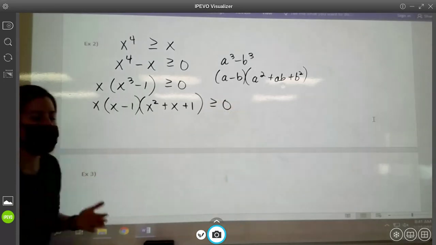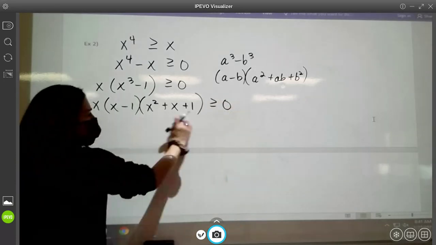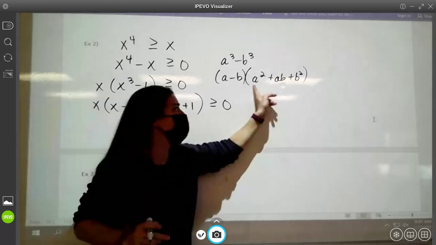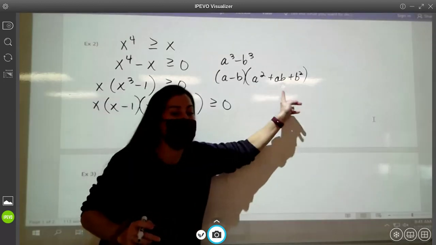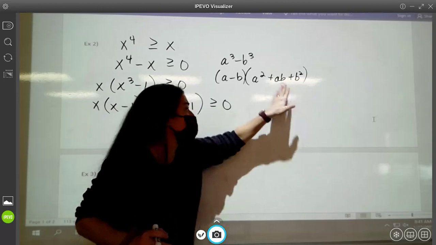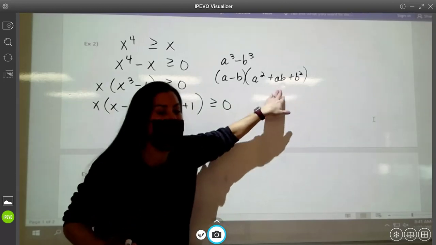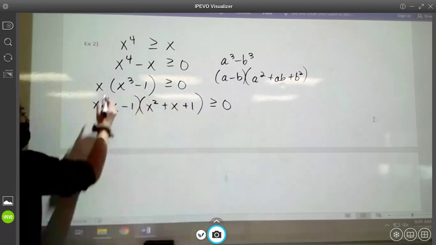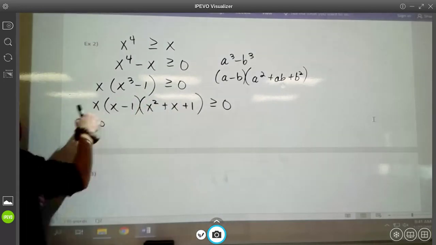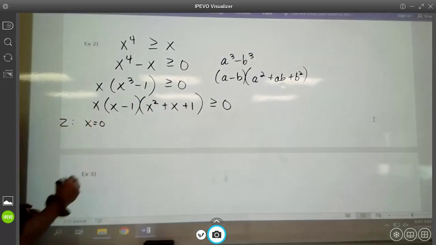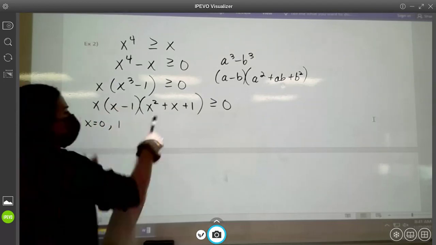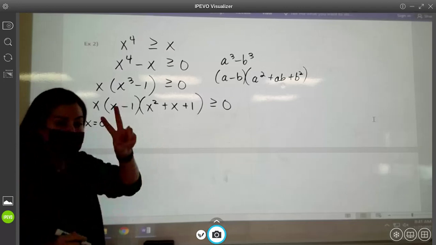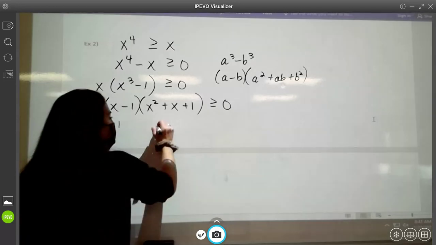All right, let's find our zeros, right? I would look to factor this again, but I know that the difference of 2 cubes always leaves you with an unfactorable quadratic. So I know this isn't going to factor. I'm going to have to use the quadratic formula to find those last zeros. All right, here we go. So I'm going to get x equals 0 as one of my zeros. I'm going to get 1 as one of my zeros. And now let me use the quadratic formula to figure out my last 2 zeros.